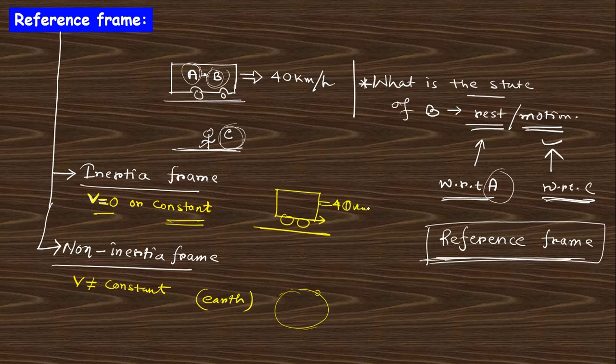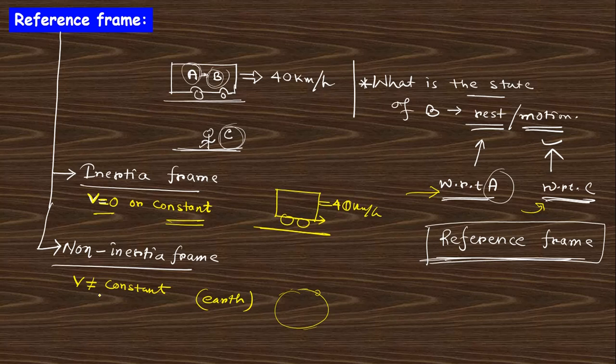Here A is the inertial frame, and C is also an inertial frame. One is at rest and the other is at uniform speed, so that's why this is called an inertial frame. I think it is clear what a reference frame is and the types of reference frame.